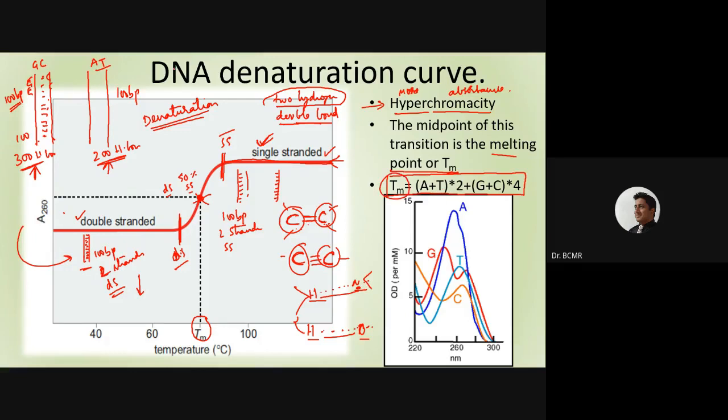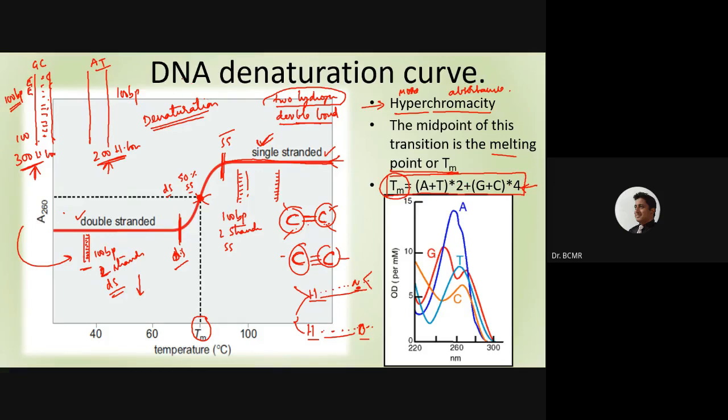There will be a little deviation from it due to many other factors, including the buffer and other things. But if you are doing PCR or some techniques like that, you might want to know a theoretical value. For that, this formula is useful.